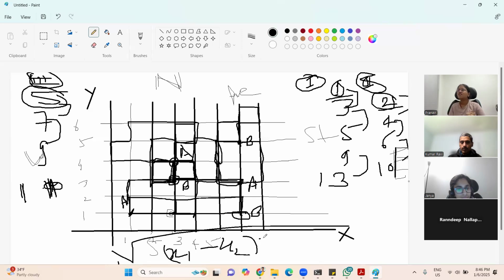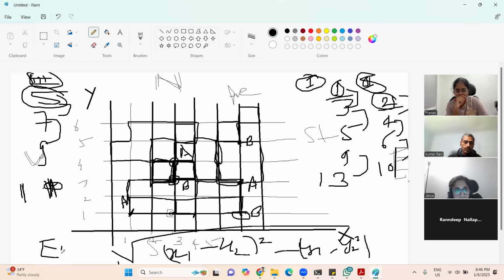This is called Euclidean distance, it gives you the shortest diagonal. For this kind of situation, we have a formula called Manhattan distance.